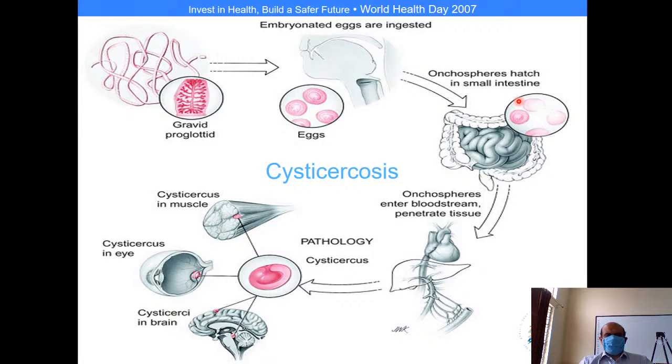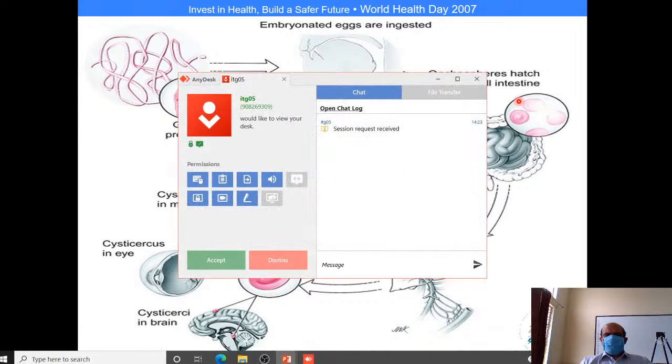Now, this is the cycle of cysticercosis. When the gravid proglottid enters the muscles of the animal, the eggs are released.